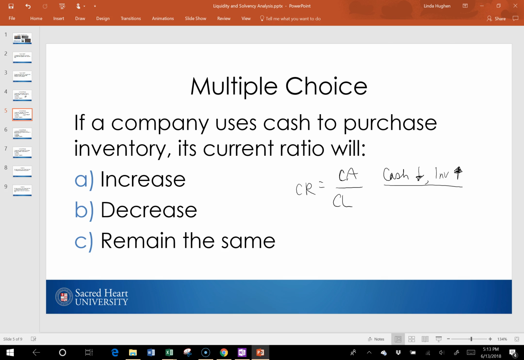So the current assets are unchanged. Current liabilities are unchanged. So when the company uses cash to purchase inventory, its current ratio will remain the same. And you can work examples like this by changing a current ratio. What would happen to the quick ratio? What would happen to working capital? And so on.